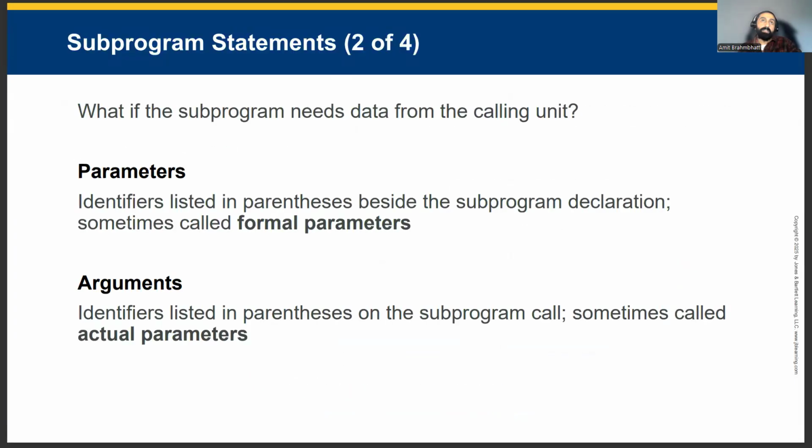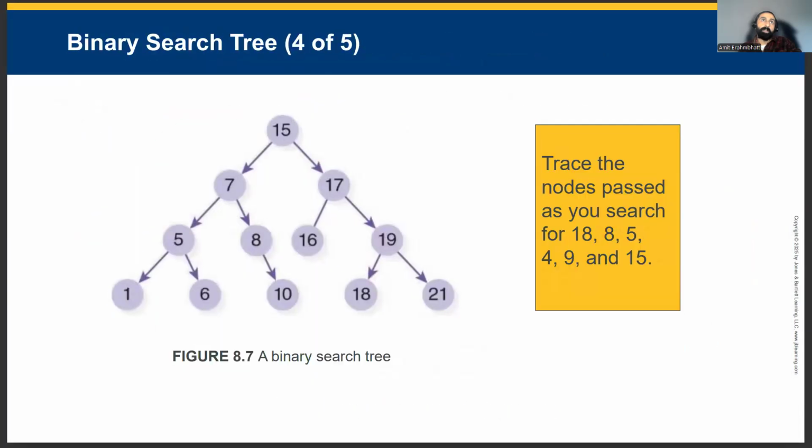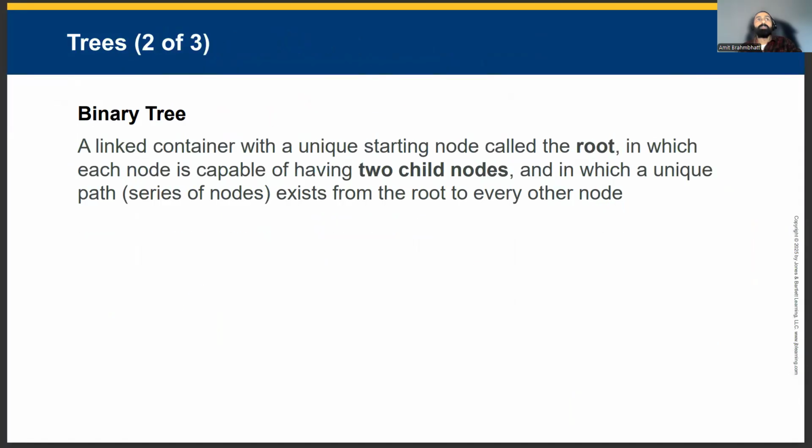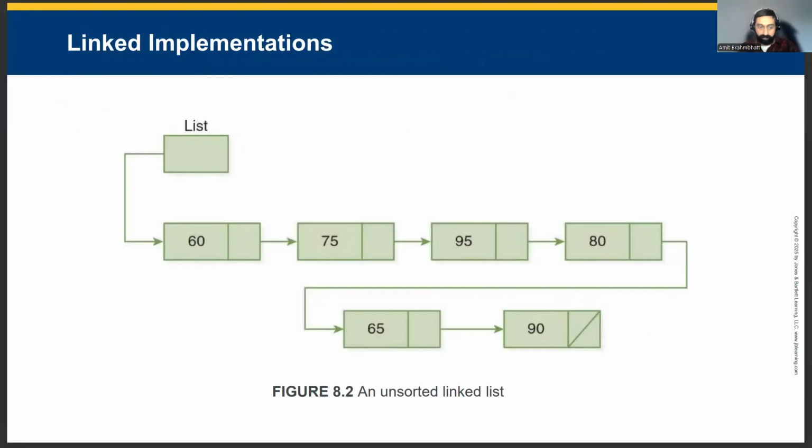Linked implementation. Here we see an unsorted linked list. Unlike arrays, linked lists do not store their elements in one continuous block of memory. Instead, each item links to the next through a pointer.